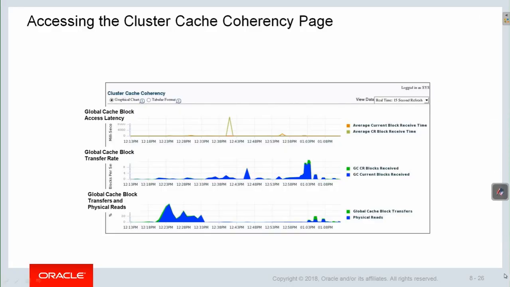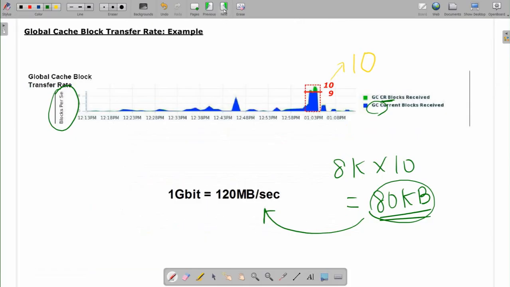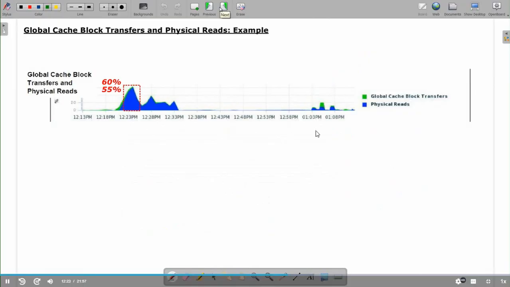Now we're going to take a look at the other area. So here we have global cache block transfer and physical read. So what is the meaning of this? The unit is a percentage. So this is to understand total I/O distribution in a RAC environment.